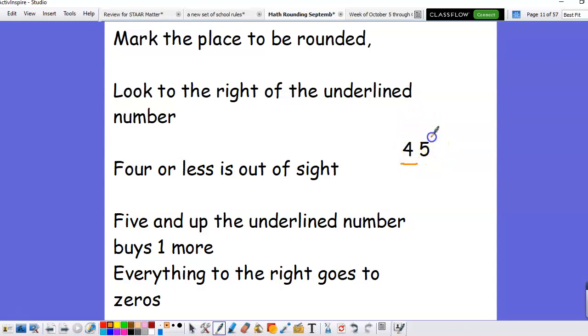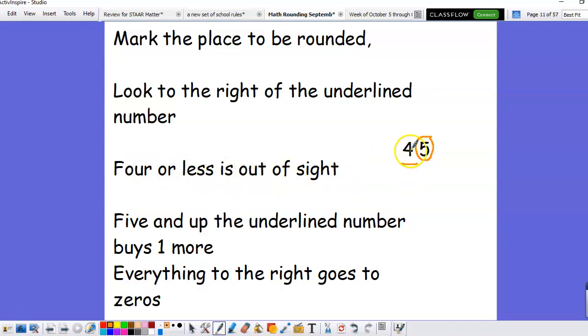And then I always like to circle the bossy number, the number that's going to tell the underlined number what to do. Everything to the right turns to a 0. Like we said, 4 or less, let it rest, or you can say out of sight.